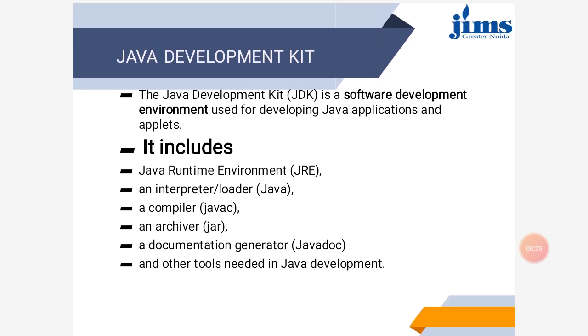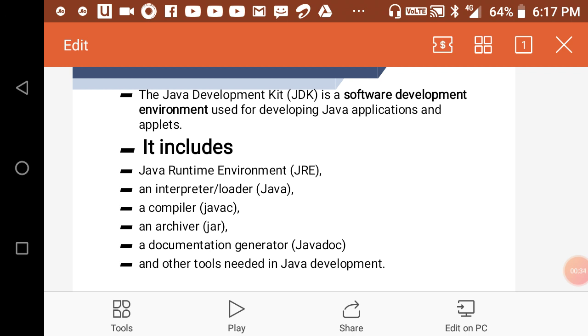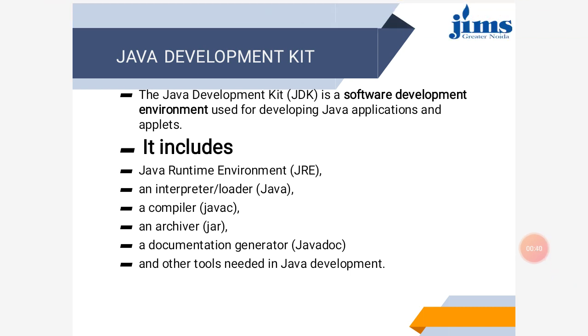So, when we talk about programming in Java, what software is needed? For Java, we require the Java Development Kit. Earlier it was free of cost, but now it has been acquired by Oracle, so we need to get permission from Oracle, but we can download it very easily.